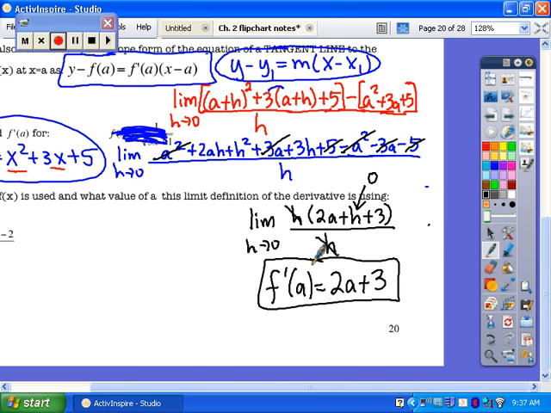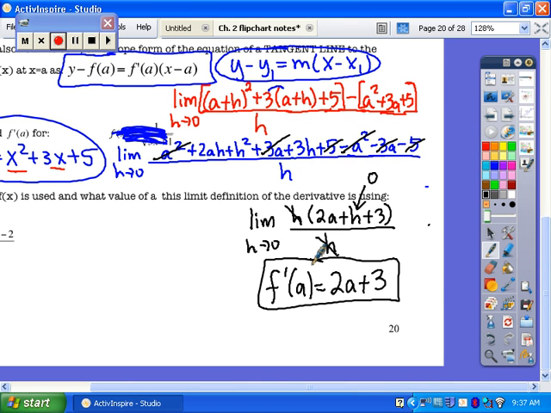Now, just so you're not confused about this, if we used x's, it's the same. Instead of a, it's the same thing. You would just get 2x plus 3. But because they specifically asked for f prime at a, that's why we use the a. If they just said f prime of x, then you use x instead of a.